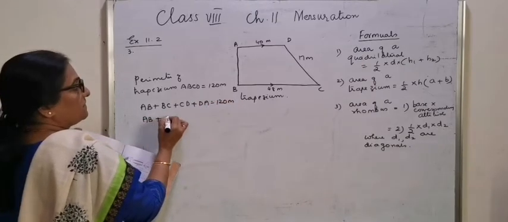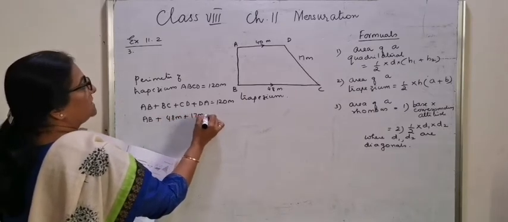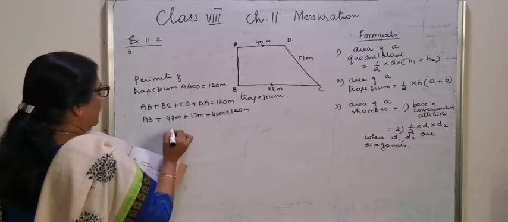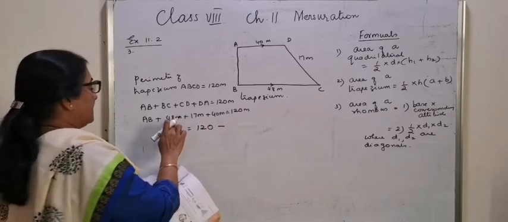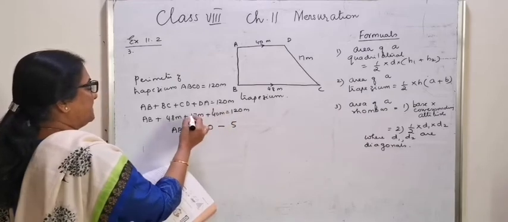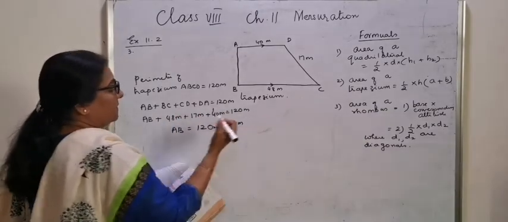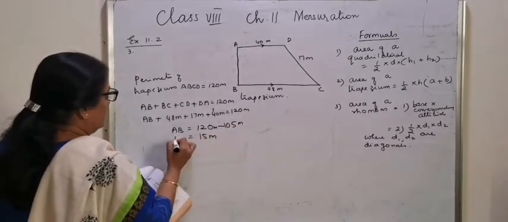AB plus 48 meter plus 17 meter plus 40 meter is equal to 120 meter, or AB is equal to 120 minus, 8 plus 7 is 15, 4 plus 1 is 5, plus 1 is 6, plus 4 is 10, so 105. 120 meter minus 105 meter is equal to 15 meter.